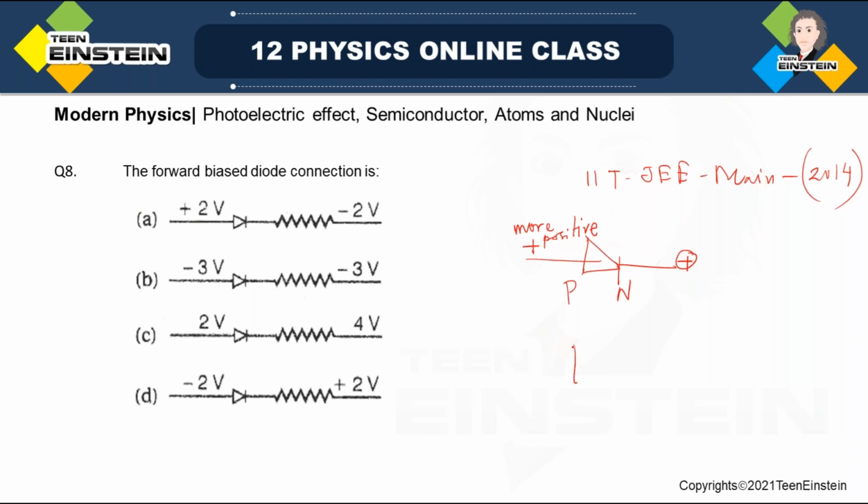Now suppose both sides have negative charges, meaning P and N are both biased by negative batteries. Then the P side has to be less negative, and the N side after biasing has to be more negative.